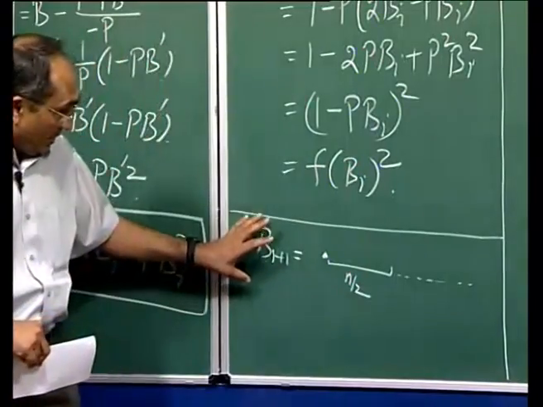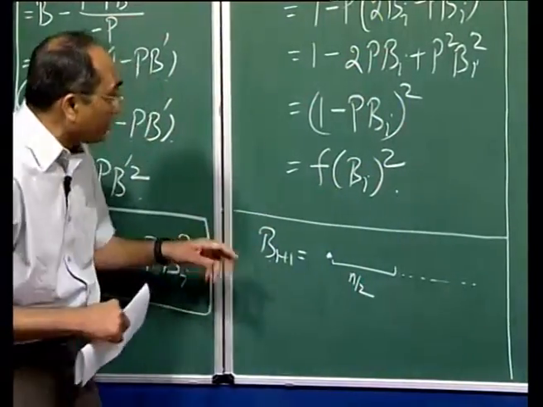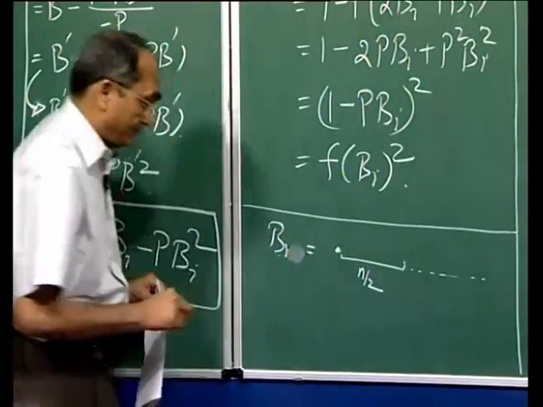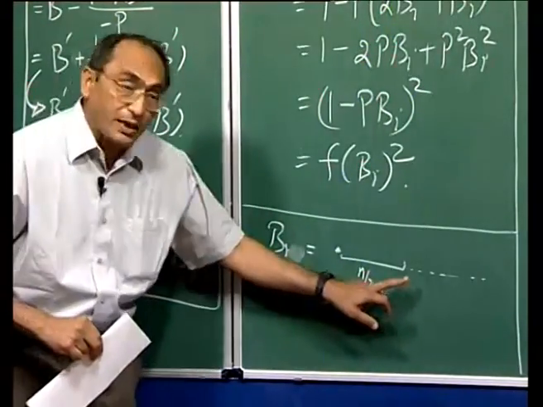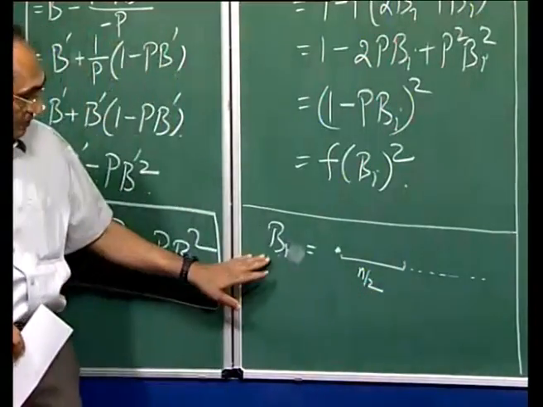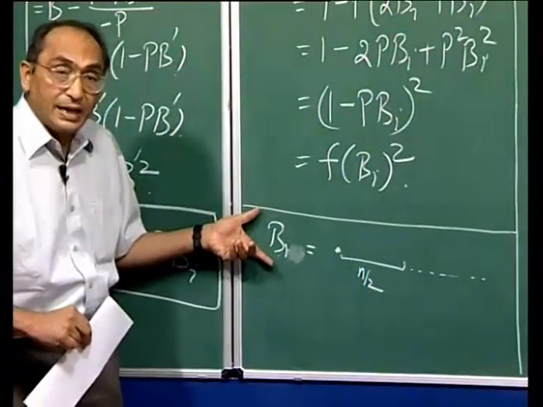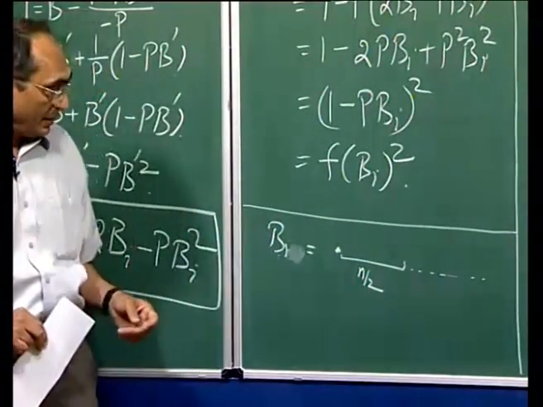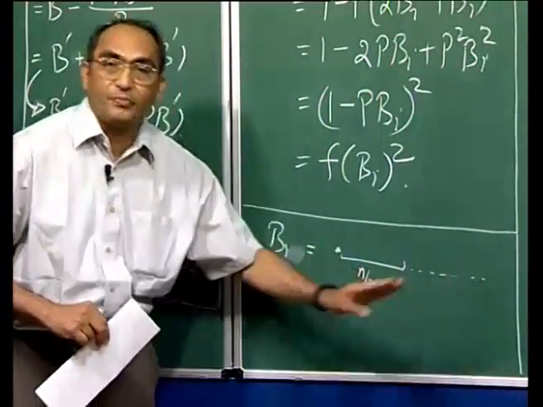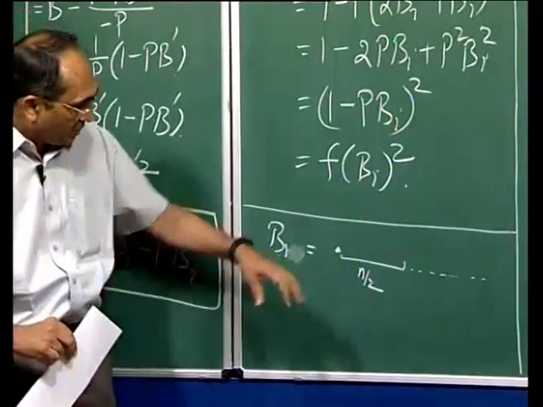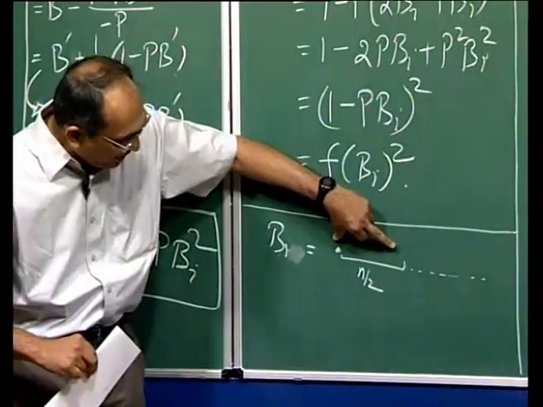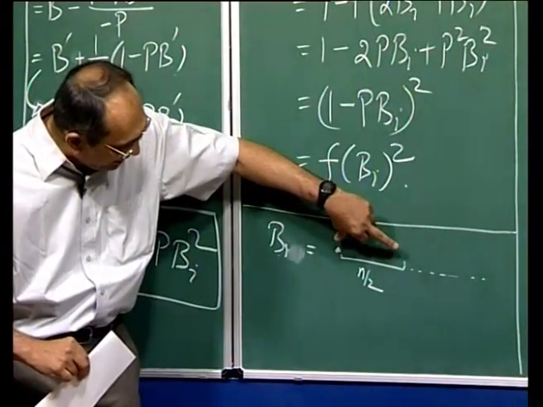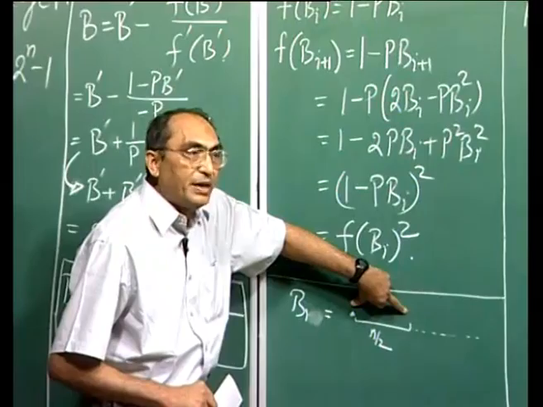So, in order to compute, my mistake, we are talking about b I. In b I we are going to have accuracy of n by 2 bits. In order to compute b I, we should therefore not utilize all the n bits of p. Instead, we should just use the first n by 2 bits of p, because our concern is to get an accurate first n by 2 bits.